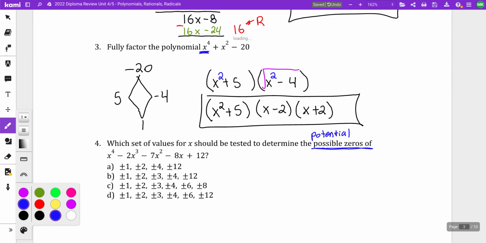To find your potential zeros, you're going to put all the factors of the constant and you're going to divide that by all the factors of the leading coefficient.